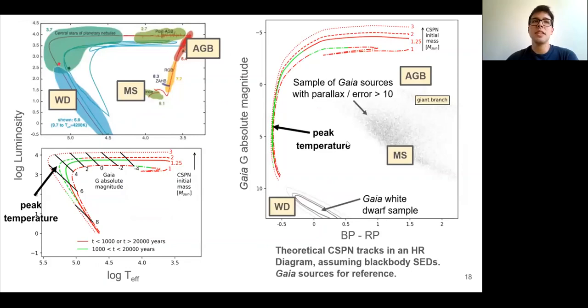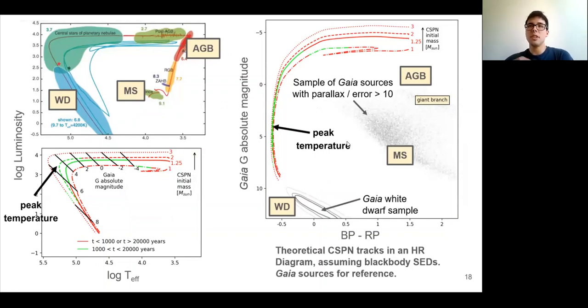So we can take these theoretical tracks and plot them on an observational Hertzsprung Russell diagram, by assuming, in this case, a black body spectral energy distribution.